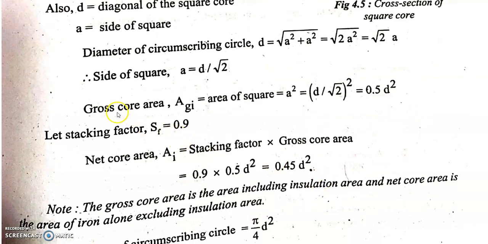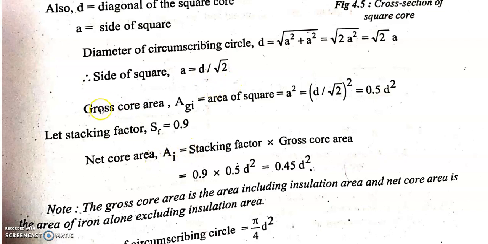And then we define gross core area and net core area. The transformer core will be made of laminated sheet steel, and this lamination includes the insulation material also. The gross core area includes the insulation area also, but the net core area excludes the area of insulation thickness.